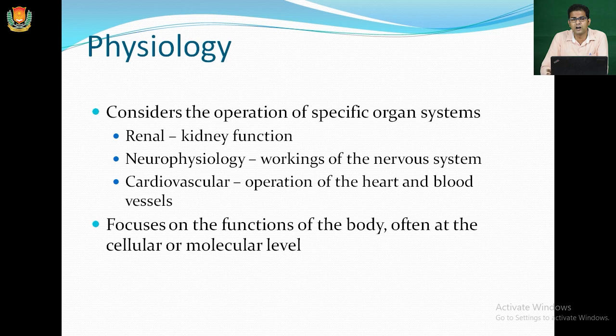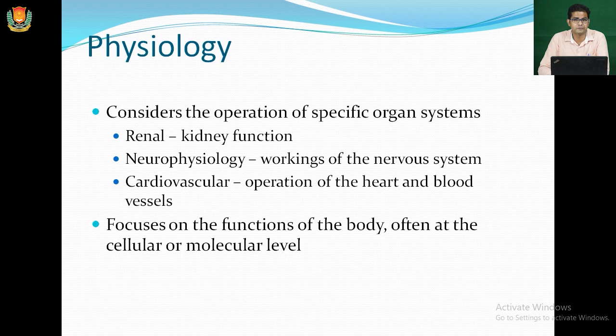Similarly, neurophysiology: how nerves are located and what their functions are, what the parasympathetic nerves and sympathetic nerves are, how they are interrelated with each other, how they function, and how they transmit signals from the brain to the effector organ and also from the receptor to the brain. All these concepts will be discussed within this unit.